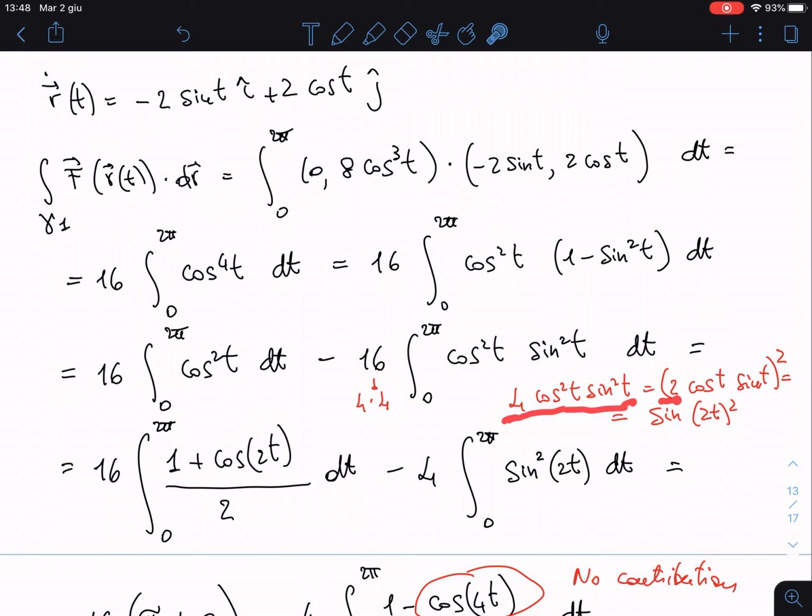Of course, this is 2 cos t sine t to the 2nd power, and this is sine of 2t squared. Okay, so we end up with 4 sine squared 2t dt.